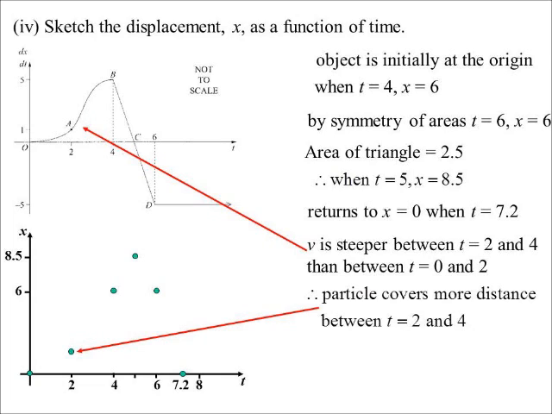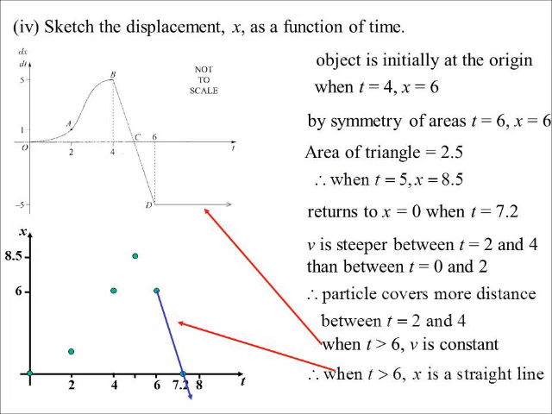It means the particle must have covered more distance, because another way of looking at it is the area is greater as well. So it covered more distance. Therefore, and I'm just guessing, where I plot 2 is going to be below halfway from 0 to 6, because more is going to be covered in the second bit than the first bit. So that's just a bit of a guess where to put that point.